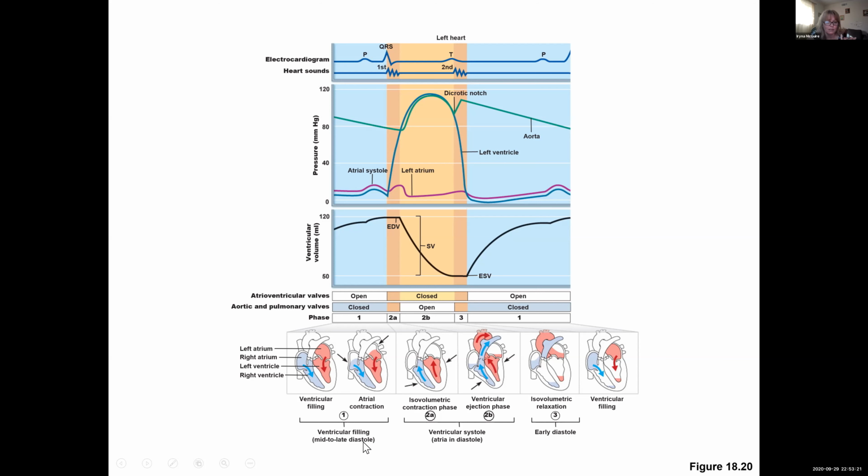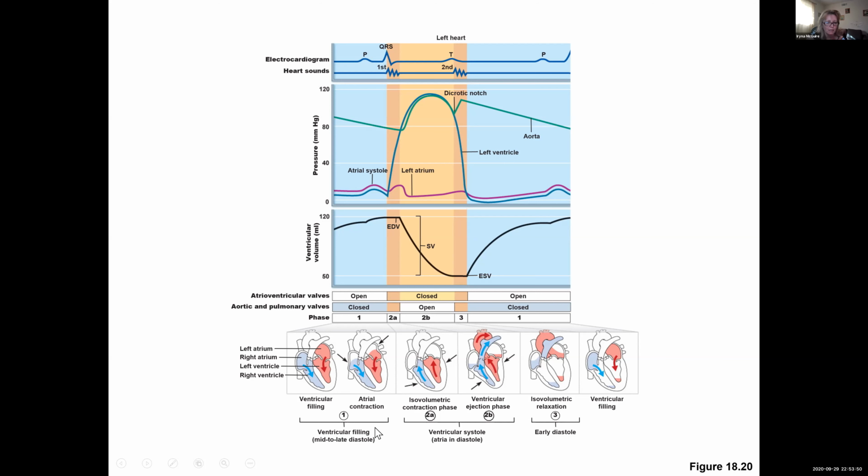Ventricular filling is actually diastole, so when the ventricle is relaxed, right? So ventricular filling is diastole, ventricular systole is when the ventricle contracts, and again, diastole, right? So here's mid to late diastole and early diastole. So we have stage 1, 2, and 3, and then we have sub-stages over here, right?